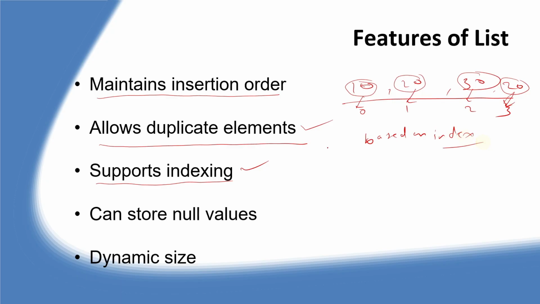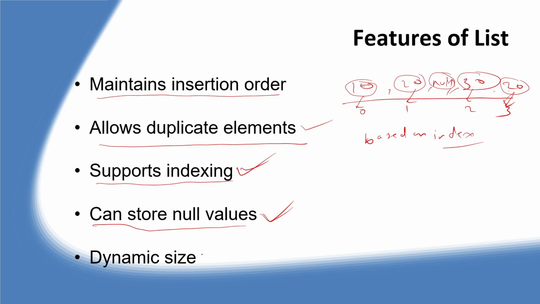So it supports index based operations, and also it can store null values. So let's say 10, 20, in between I will add null. So this is also a valid scenario. It has 1, 2, 3, 4, 5 elements, and the third element is null. So it allows null values to be stored in the list.